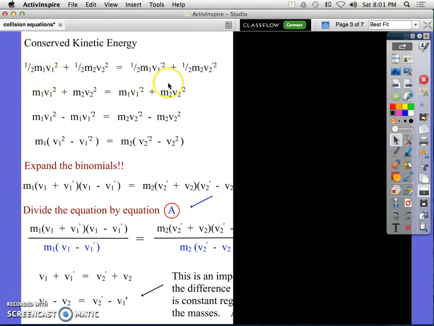I can get rid of all the halves, and I can move the m1 v1 prime squared after the collision over here, and the m2 v2 squared over here, to get this equation. Then reorganize, take the m1 out, and I have v1 squared minus v1 prime squared equals m2 times the quantity v2 prime squared minus v2 squared.